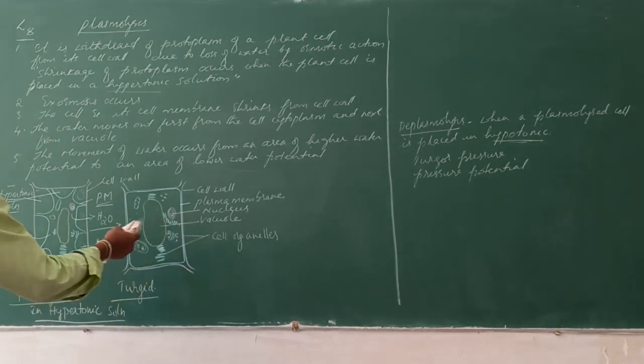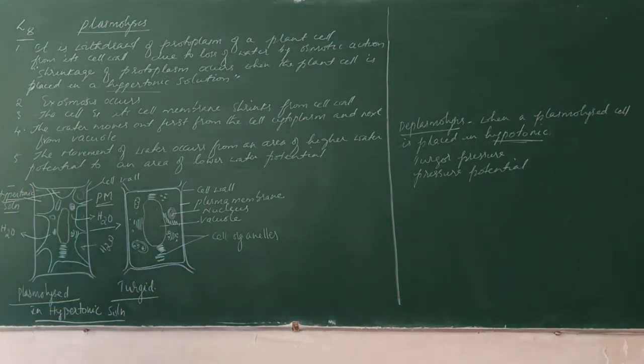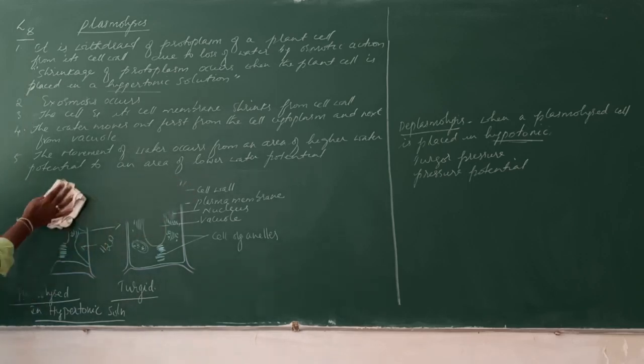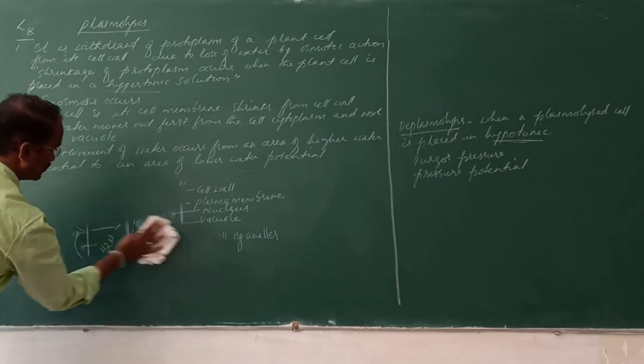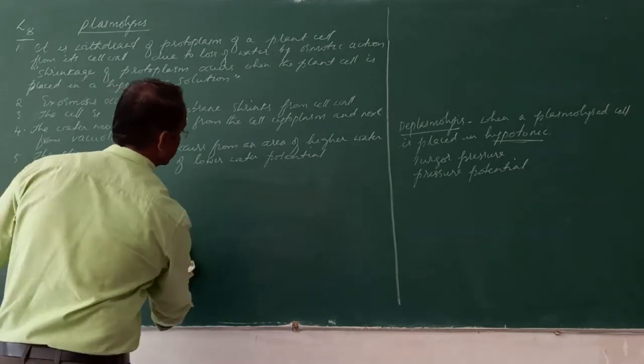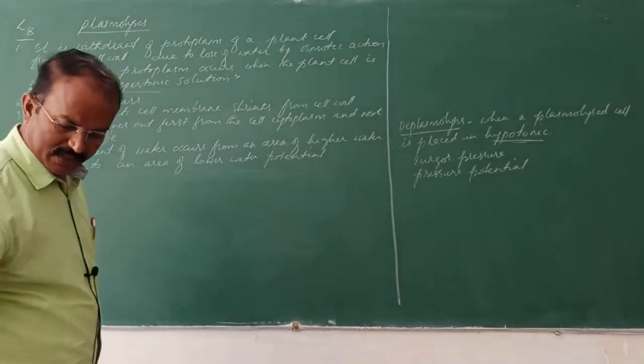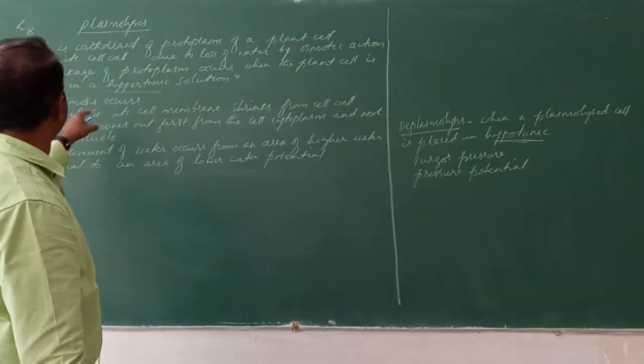Okay. The diagrams given in the textbook are important. If you want, you can pause the video and draw them. So in deplasmolysis, what happens? Here, see, what happens here?